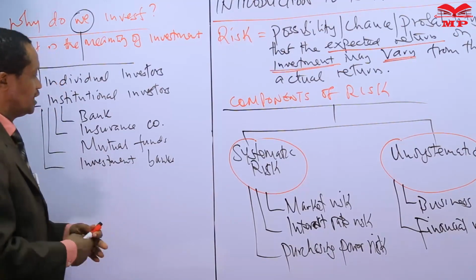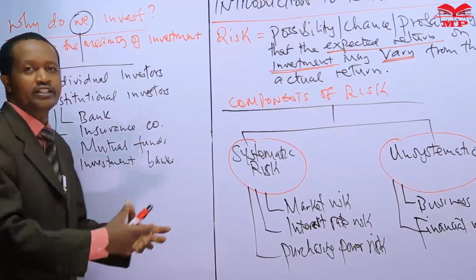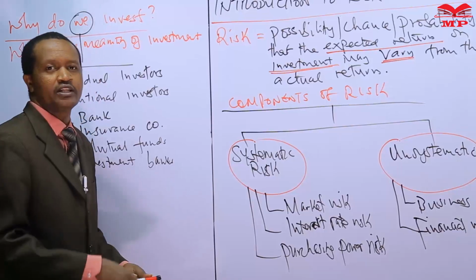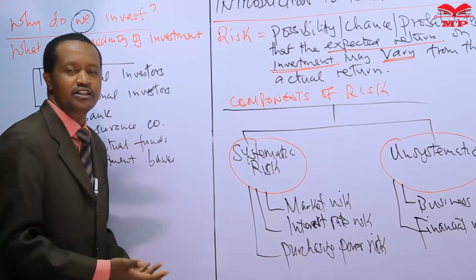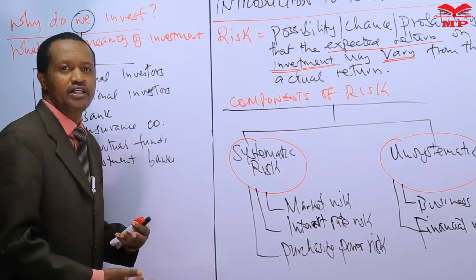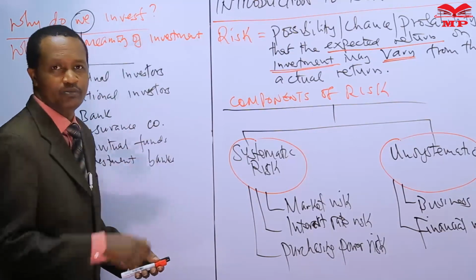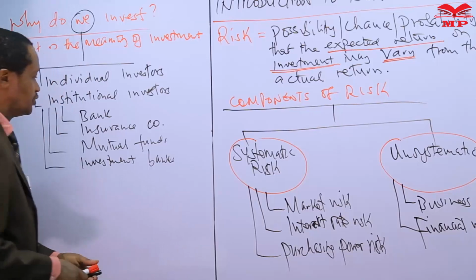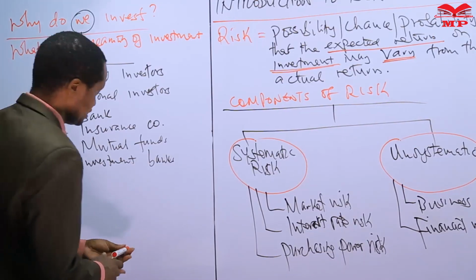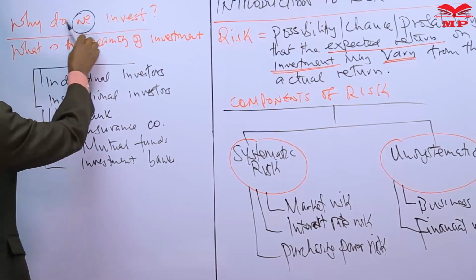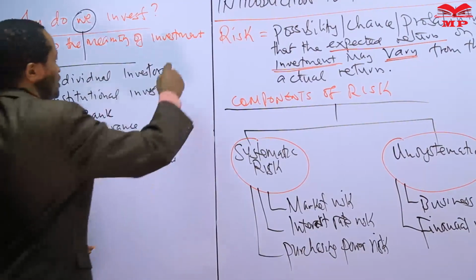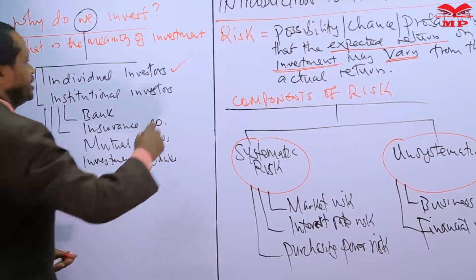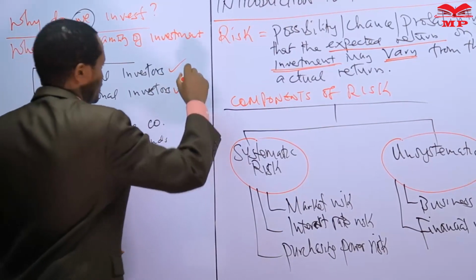These are institutions that hire professionals that assist in the process of assessing risk, analyzing securities, and evaluating performance of the securities. So when I say, why do we invest? I'm referring to individual investors and institutional investors.